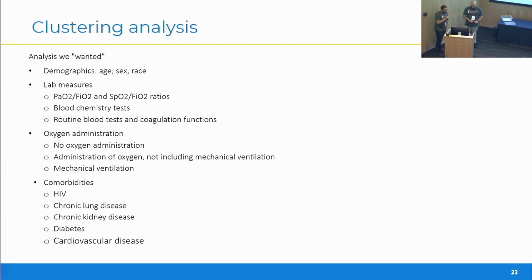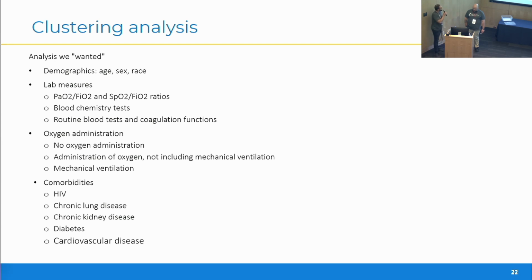And what this all came to is knowing that COVID is a very heterogeneous disease, where it can range from, whether it's in the clinical setting or outside of the clinical setting, asymptomatic patients all the way to patients that experience mortality. So even within the inpatient setting, we know that COVID can be, again, very heterogeneous.